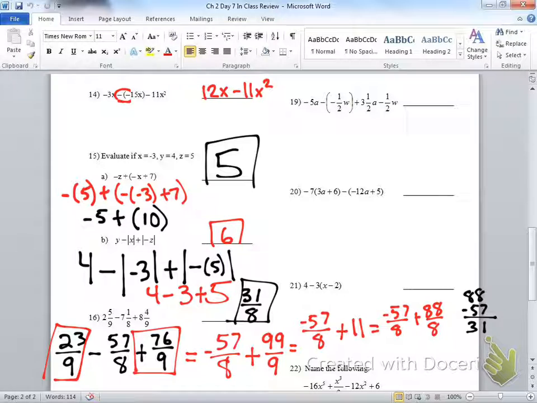All right, let's jump to number 19. I need to clean up my signs. I'm just going to make this a big plus, right? Okay. What'd you guys do next? There's a few different approaches.